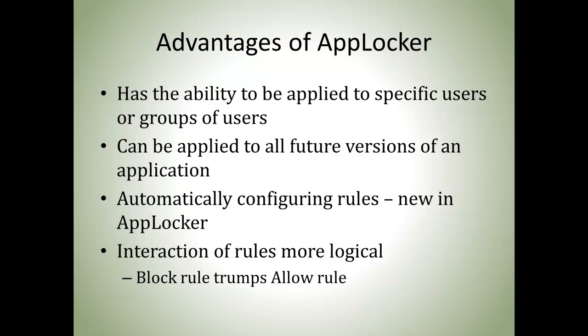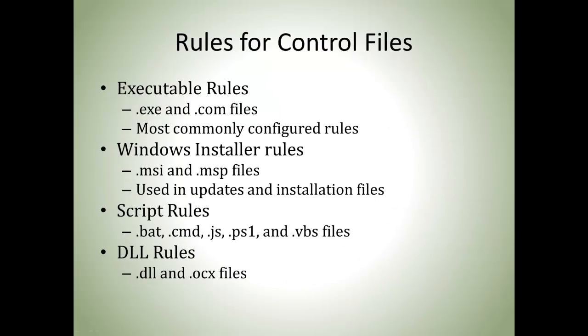And in software restriction policy, if the allow rule is actually a higher ranking rule, it will allow that program. So the interaction can get a little funny in software restriction policy. You don't have that issue with Applocker, and that kind of moves Applocker to the more logical flow that most Windows and really security and most computer applications follow, which is denies will trump allows.